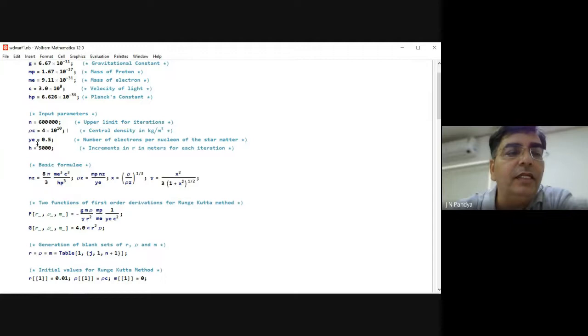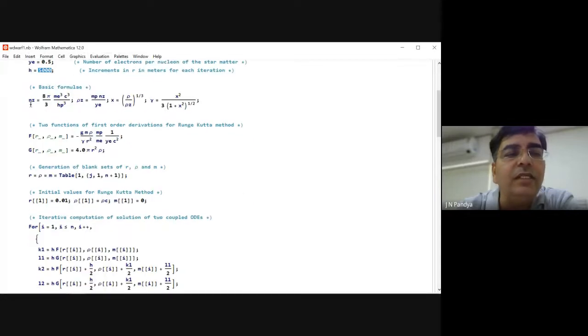Then this is Ye. Ye is the number of electrons per nucleon in the star matter, right? Because suppose you are dealing with only hydrogen, then the number of electrons per nucleon will be 1. But if you are dealing with helium, then it will be 0.5, and if you are dealing with deuterium, it will be 0.5 and so on. So depending on what was the last run, this Ye might change. H is the step size as always.